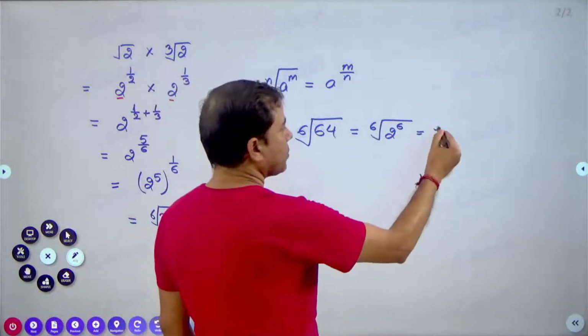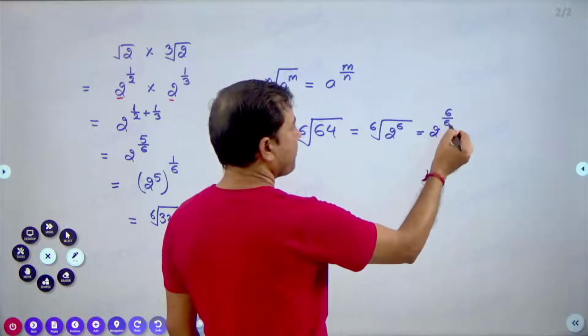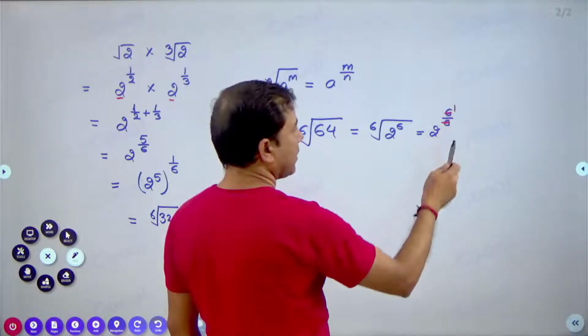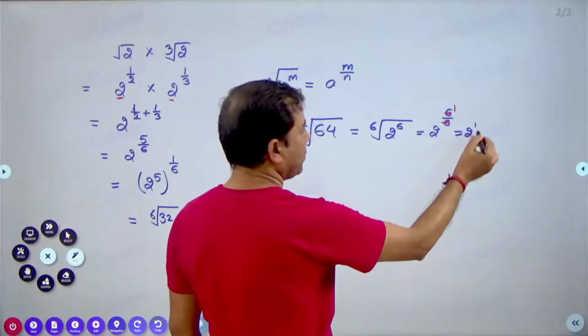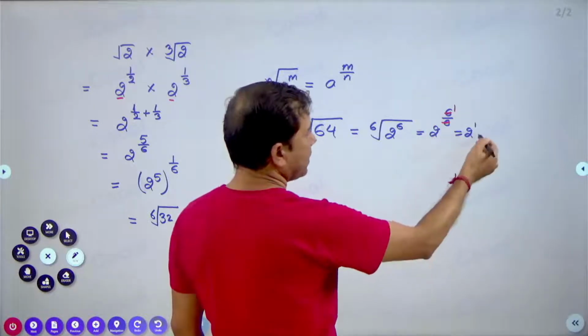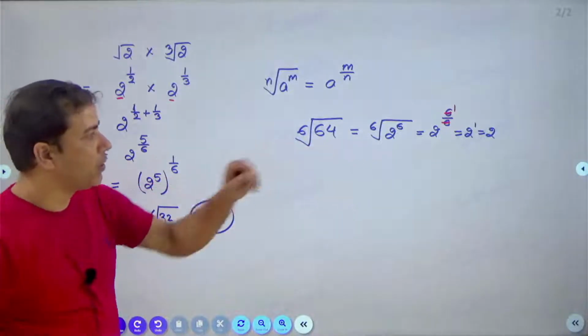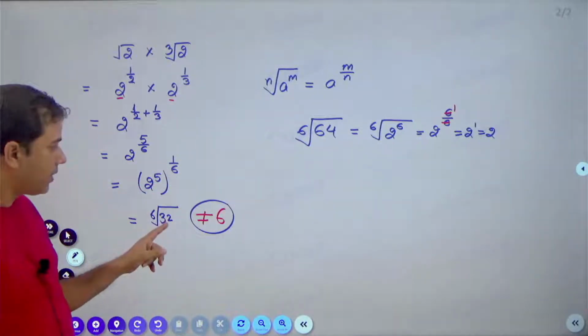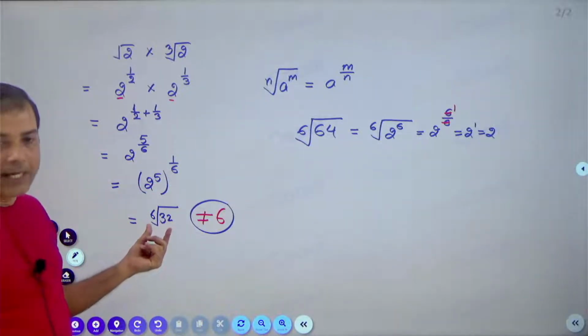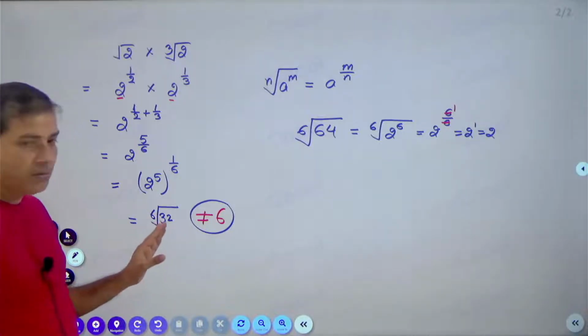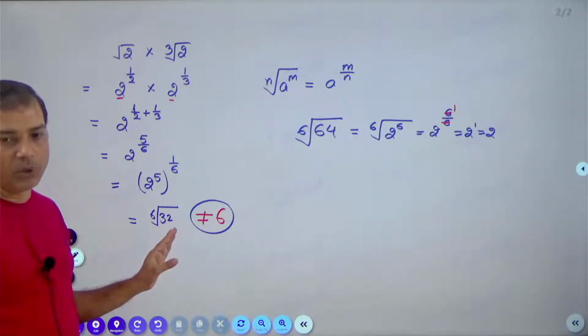That means 2 raised to the power 6 by 6. 6 cancels 6 one time, so 2 raised to the power 1. Actually, not 6, this is equal to 2. So sixth root of 64 will be equal to 2. Sixth root of 32 is radical; the root sign cannot be removed completely.